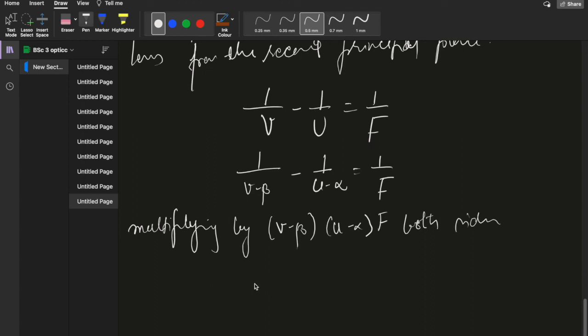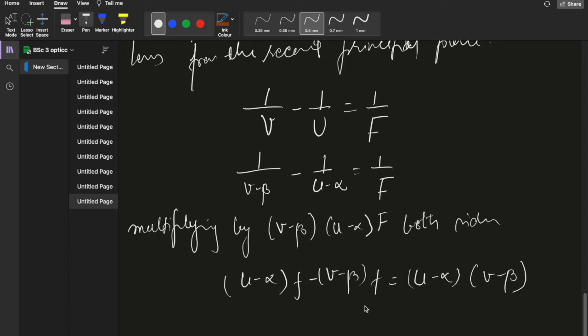So the equation becomes u minus alpha times F minus v minus beta times F, which is equal to u minus alpha times v minus beta.